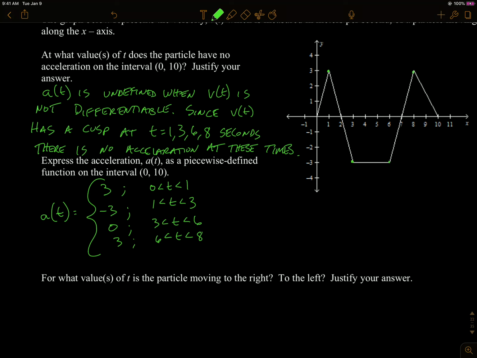And then the last one is from 8 to 10, and that looks like we're going down 3 and right 2. So there's our acceleration function as a piecewise function.